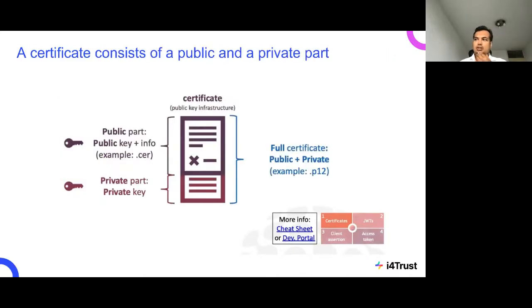So as I was mentioning, it has two parts: the public key, where you have the information about the organization and the backend server, and there is a corresponding private key which is secured and stored by the owner of this certificate. No one else normally has access to that, because if someone else has access, then that person can also impersonate the other organization, right?